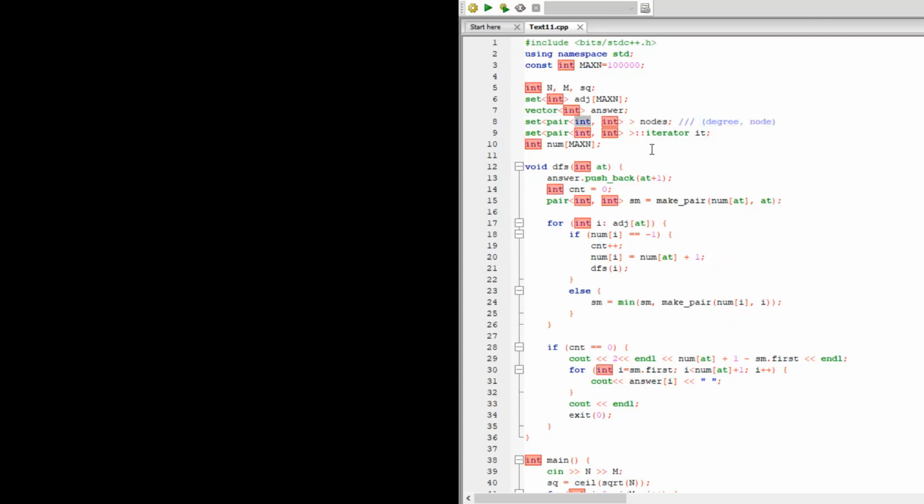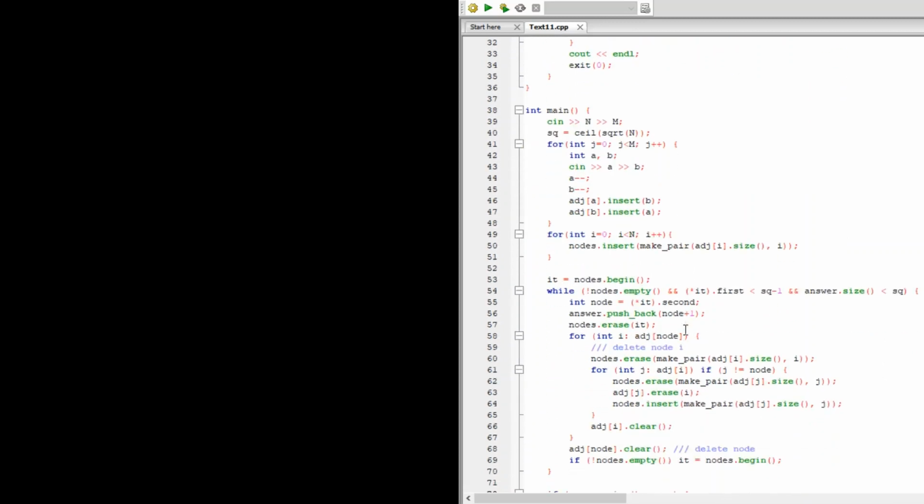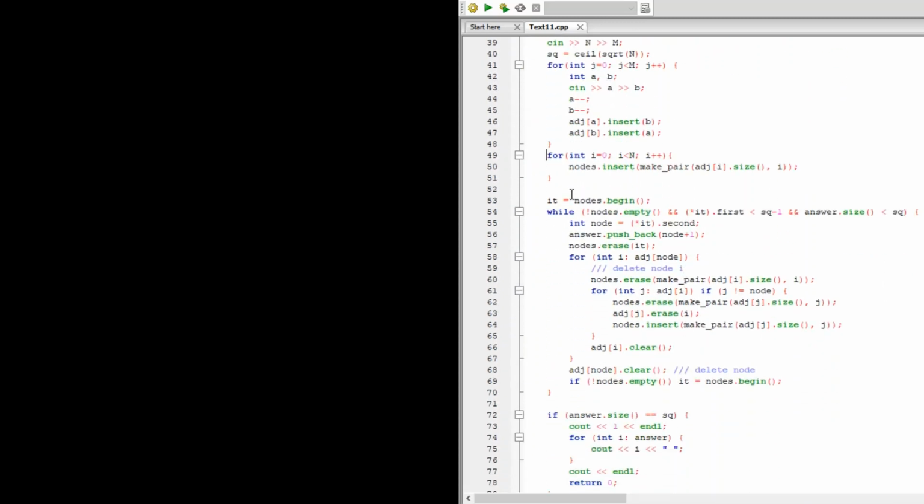So like a degree 5 for node 2, degree 6 for node 3, and so on and so forth. And this will be an iterator that just helps us iterate through. And vector int answer is the list of nodes that we will output in our answer. So first we're going to assume that we can find an independent set. So into our node set, we're going to insert a pair of, for every node, its degree and the node.